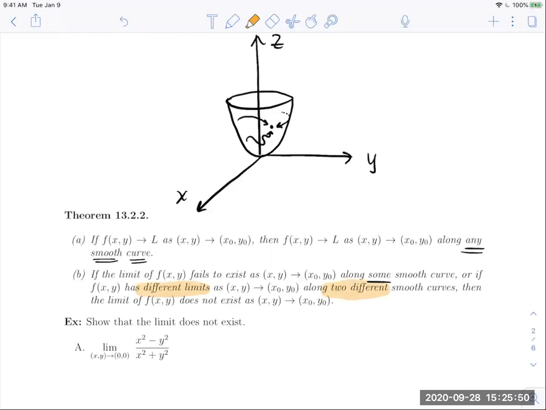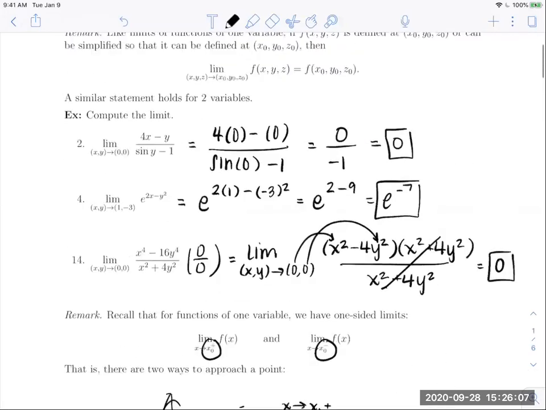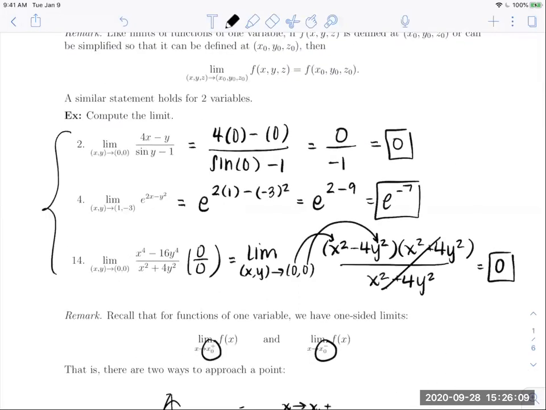So the reality is, when we look at this theorem, it's actually going to be really difficult to prove that a limit does exist, because there's no way we can possibly check every smooth curve. Now, if it's one of these easier examples, like from 2 to 14, these ones that we saw earlier, where it was plug and chug or simplify and plug and chug, then yes, we can prove that the limit exists.